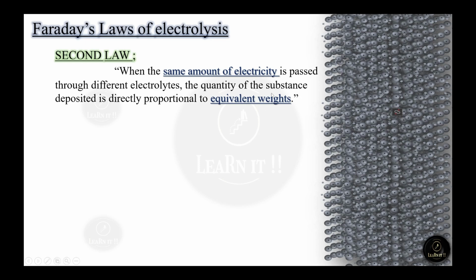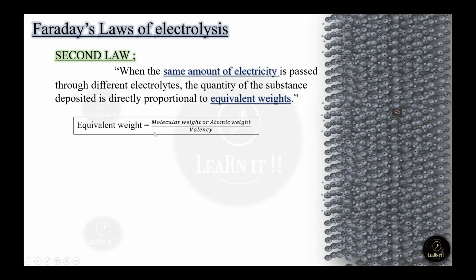Here, weight depends on the valency. So equivalent weight is equal to molecular weight, or here atomic weight, divided by valency. Faraday's second law of electrolysis provides insight into the importance of equivalent weight.